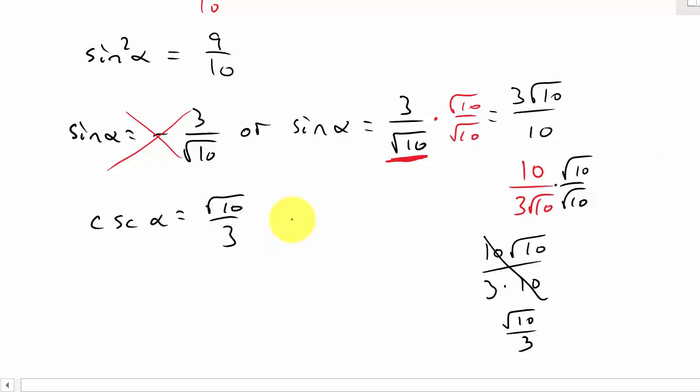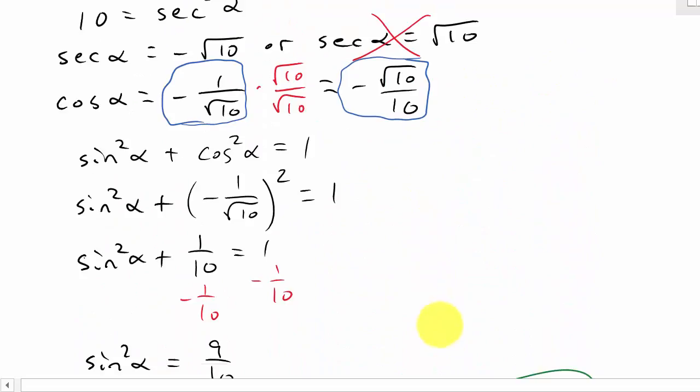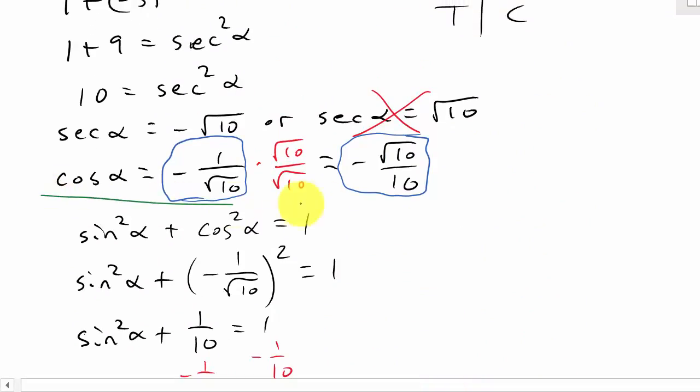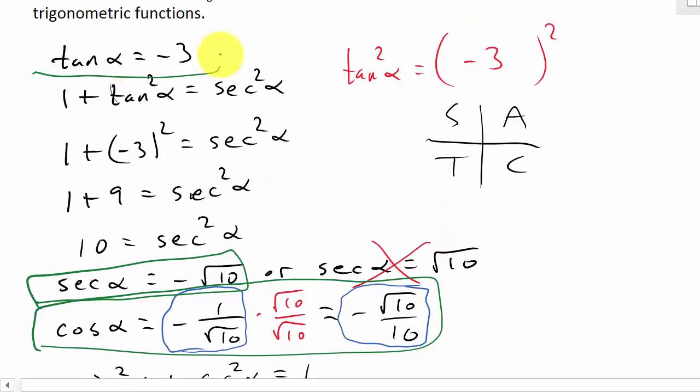So we've got cosecant alpha, sine alpha, cosine alpha, secant alpha, and tangent alpha. So those are the 5 remaining trig functions.